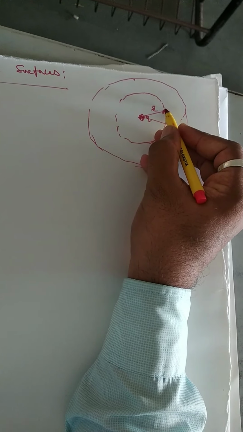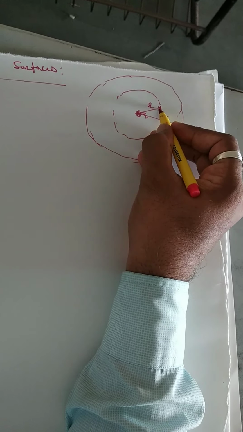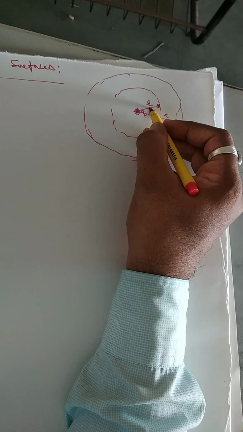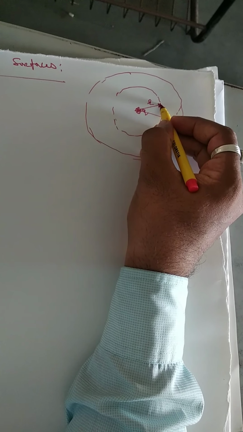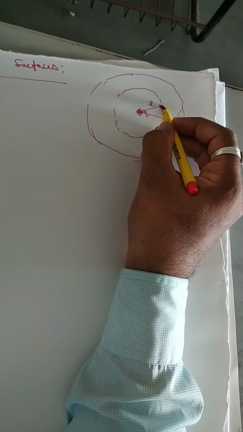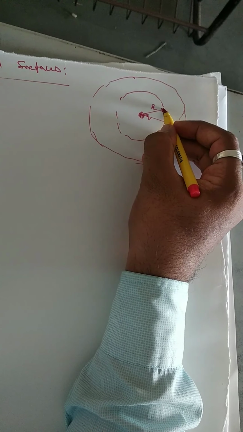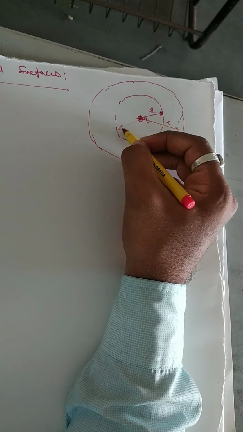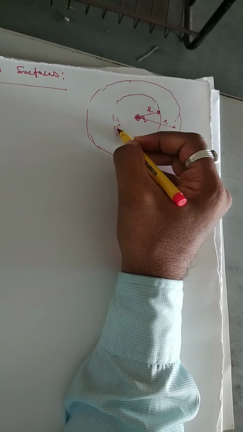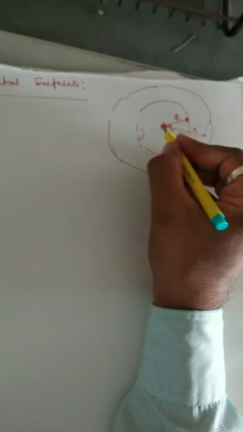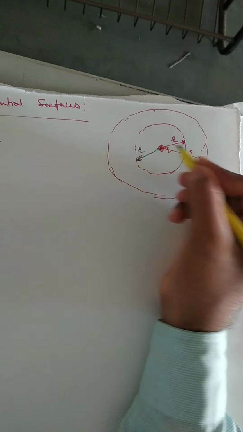So if this is a small charge, and at a radial distance of r, whatever the effect of this charge at this point, you will see the same effect at this radial distance of r.